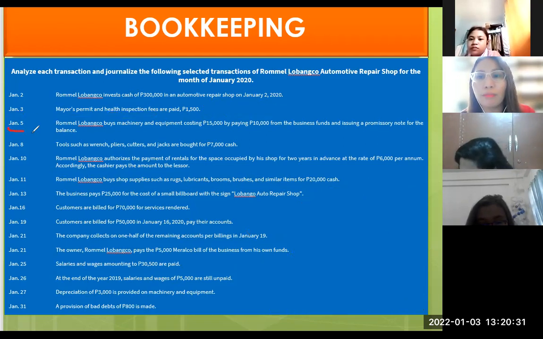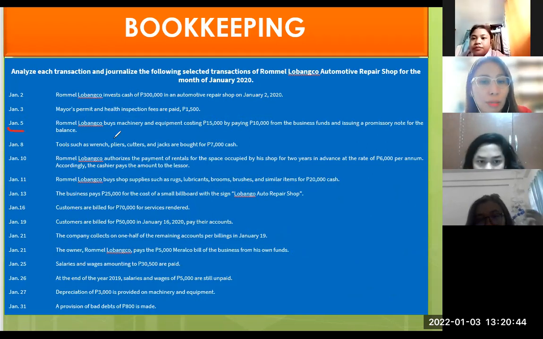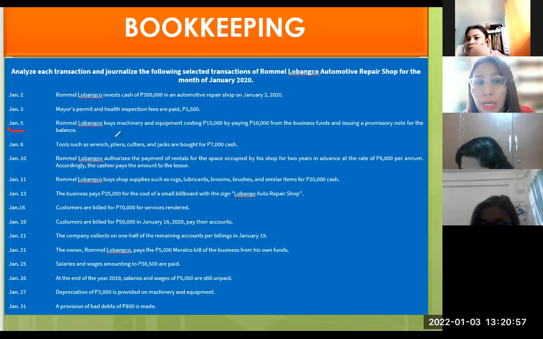Next, January 5. January 5, Romelo Banco buys machinery and equipment costing 15,000 pesos by paying 10,000 from the business funds and issuing a promissory note for the balance. Okay, si Mr. Lobanco, bumili siya ng machinery and equipment.